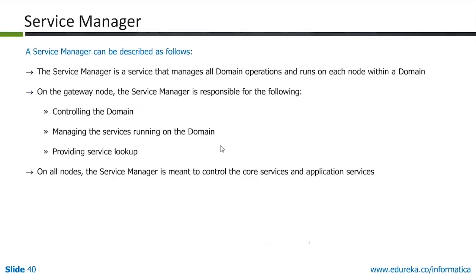It also identifies the least consumed node, based on which it can even distribute the job. On all nodes, the service manager executes to control the core services and the application services.